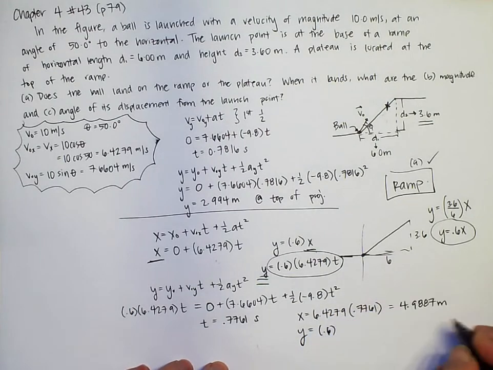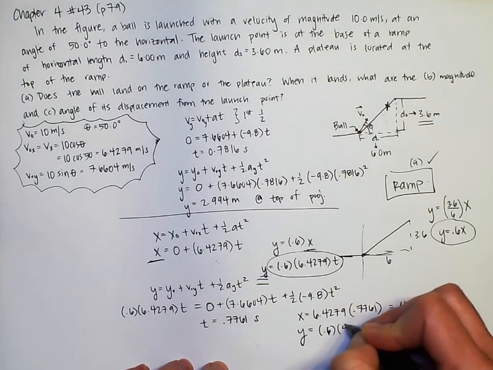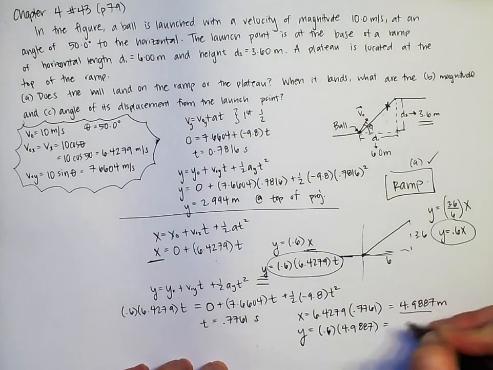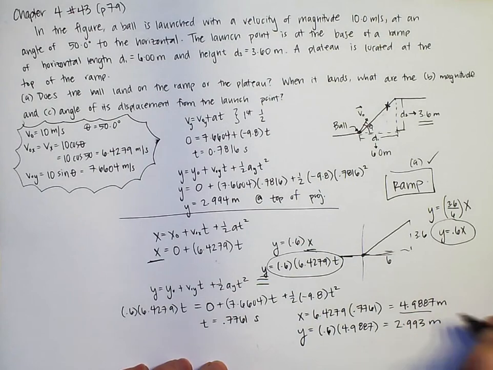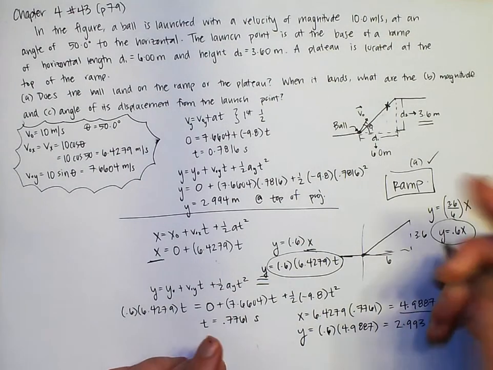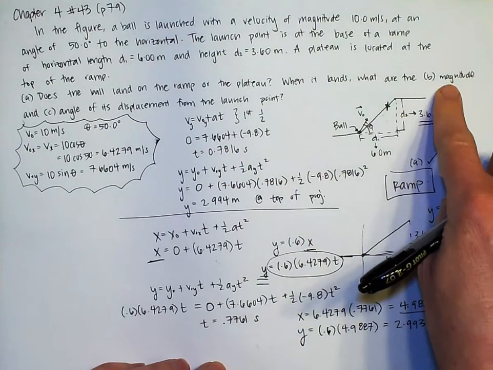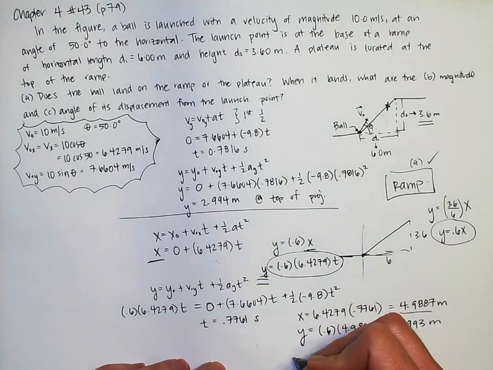So I'll have 0.6 times this x, 4.9887. So my y equals 2.993 meters. So back to what we were looking for. We want to figure out the magnitude and angle of the displacement. So magnitude is what we're working on right now.